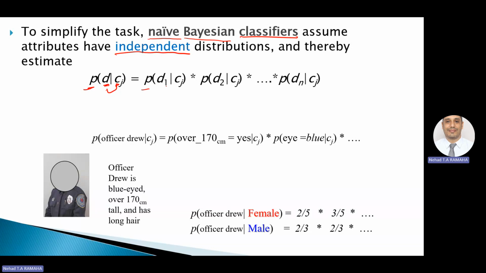It's missing here. It should be written, because in the real examples we will write it. Okay, so here we have more data about officer Drew. His eyes are blue, he's over 170 tall and has long hair.